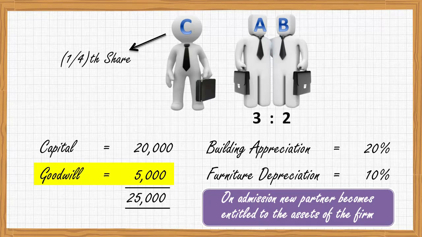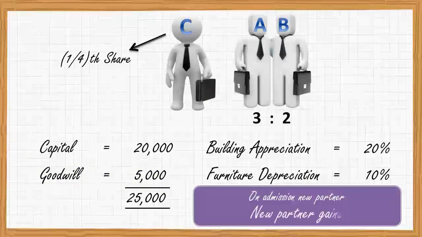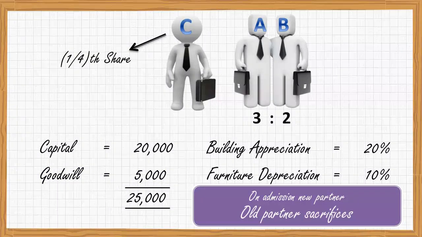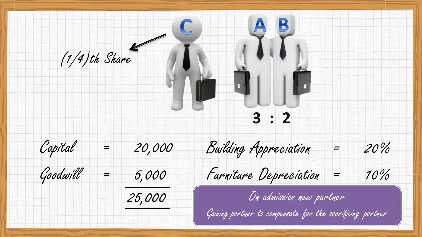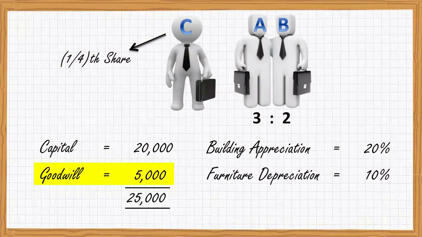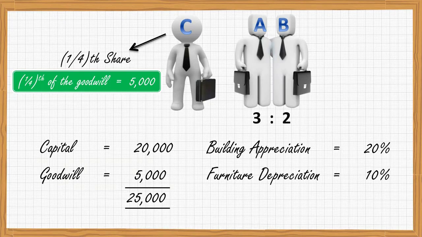Because whenever there is admission of a new partner, the new partner gains and the old partners sacrifice. So this is always the principle: the gaining partner has to compensate the sacrificing partners. And how much? It always depends upon the value of goodwill. So it's clearly written that he is bringing 5,000 as goodwill. It means the goodwill was calculated and 1/4 of the total goodwill was rupees 5,000. That's why C is bringing rupees 5,000.